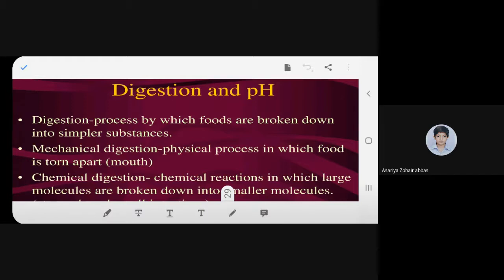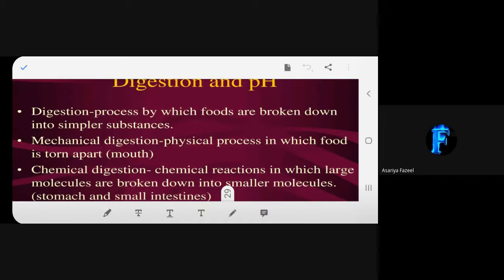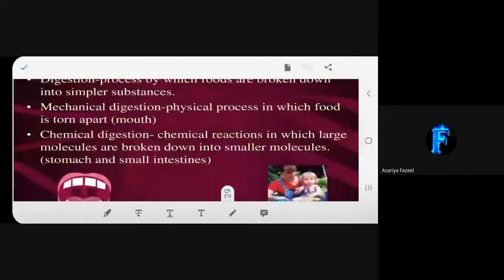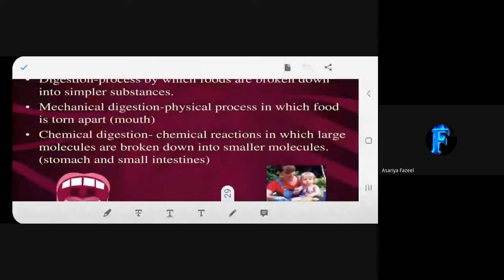Chemical means starch, proteins, carbohydrates. Complex food particles, the big particles, are broken into simpler ones. For example, starch in the mouth gets digested by the saliva and converts into glucose, so you get the sweet taste.